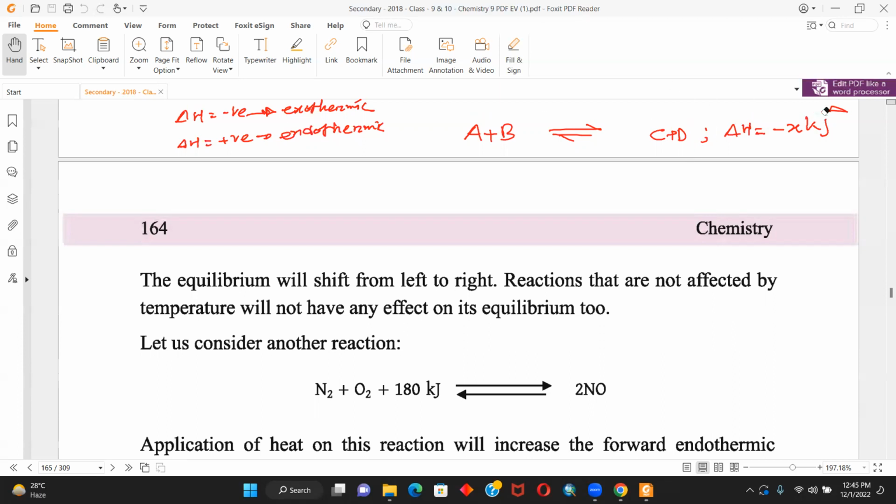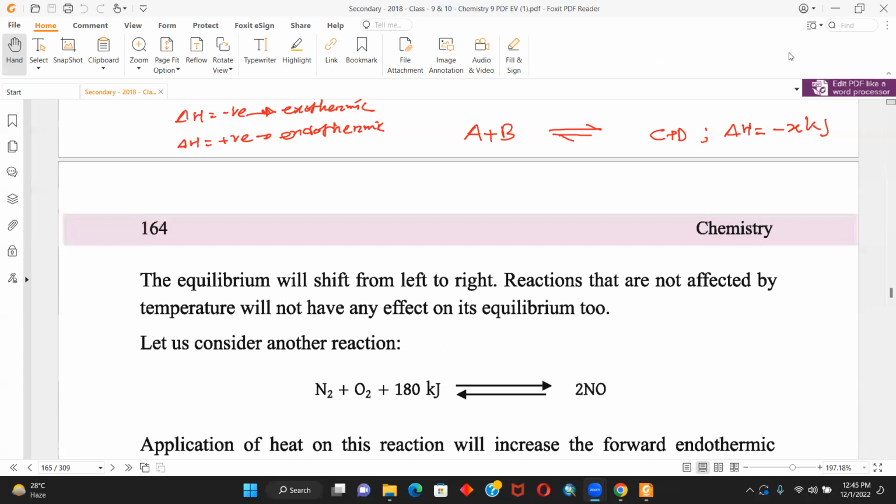If you see minus X kilojoule, that is given, right? So, which means that the forward reaction will be exothermic. Now you might ask, how do I understand what will be the backward reaction? For that you don't even have to check the delta H, because if the forward reaction is exothermic, automatically the backward reaction will be endothermic.